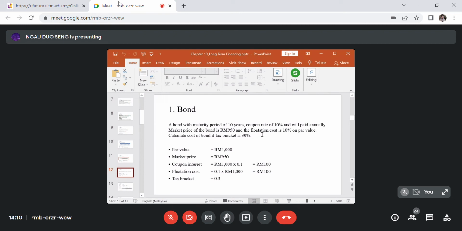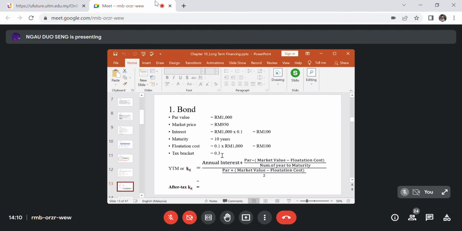Flotation cost: we check flotation cost 10% on par, so 0.1 multiplied by par 1,000 equals 100. And then the tax bracket is 30% or 0.3. So next, we just put in the information we have gathered.